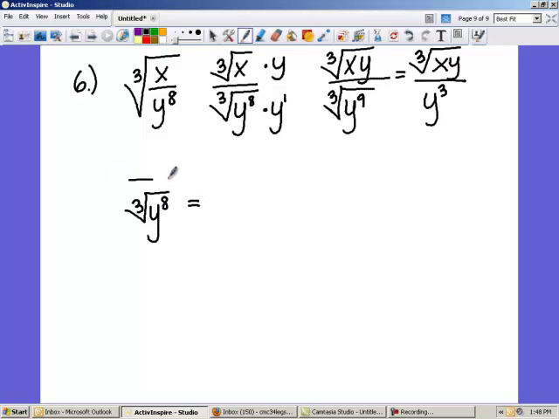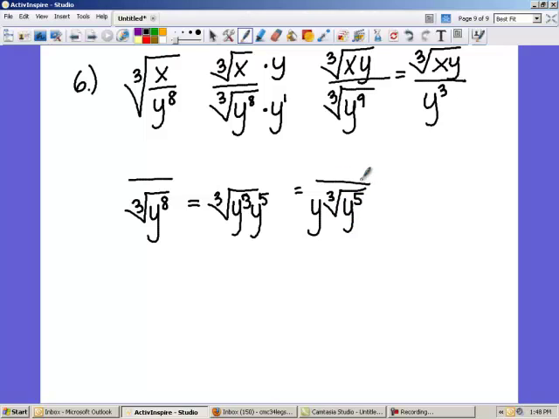Let's suppose, and remember this is all on bottom, that you broke this down and you said y to the 3rd and y to the 5th, which is still this 8. You could see that you could take out one of these y's. But you still have this y to the 5th in there.